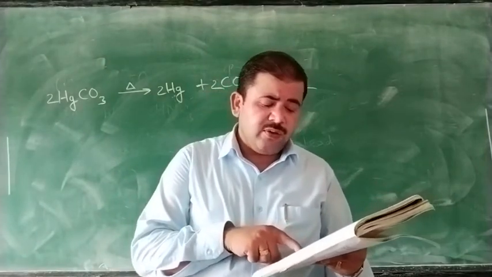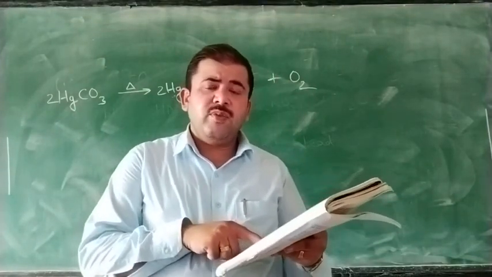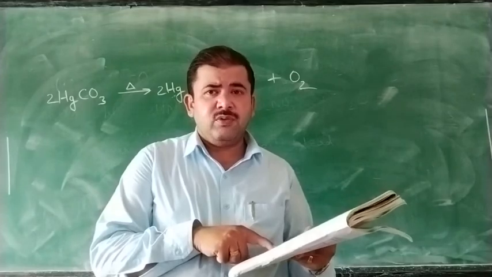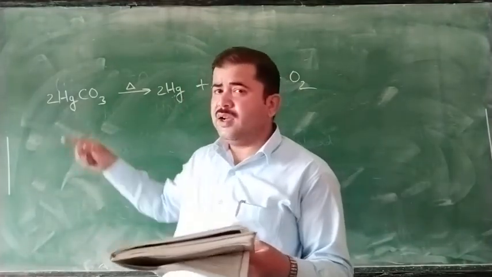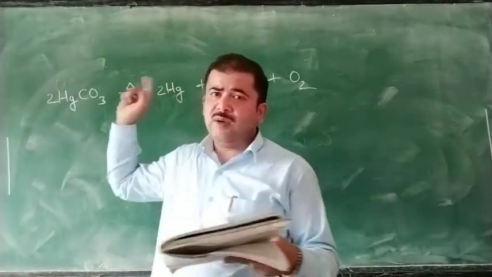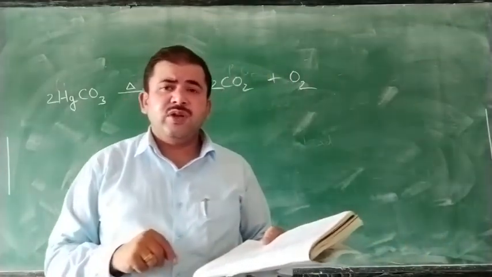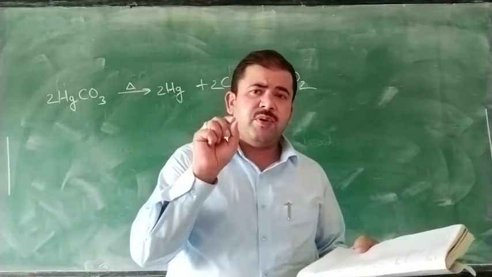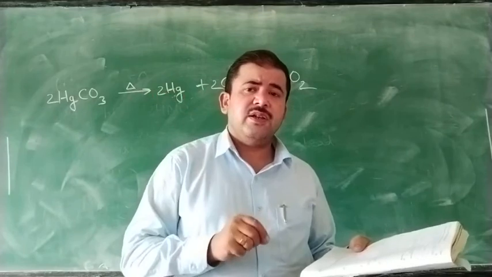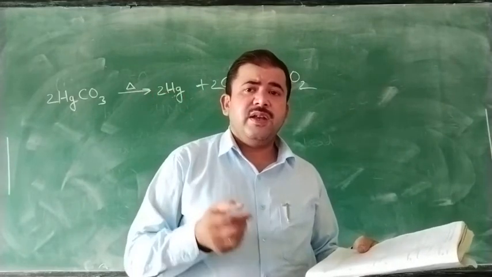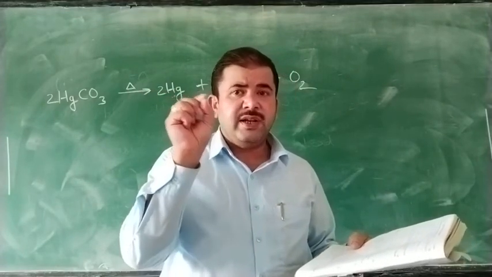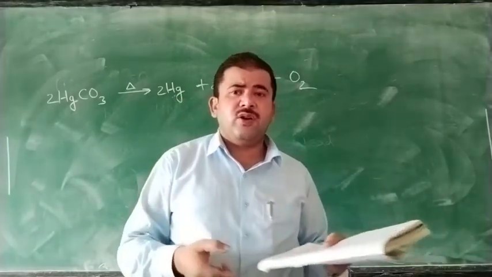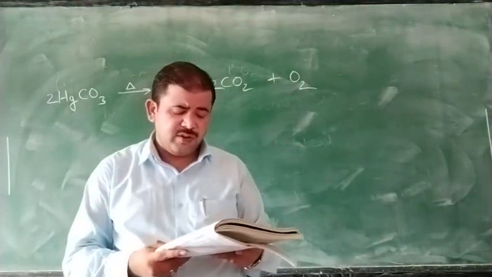Second, ammonium dichromate. Ammonium dichromate, this is the orange color compound. And also you have seen the previous reaction, ammonium dichromate. So here ammonium dichromate is an orange color substance, and if we heat, then we get the greenish residue, green color. And this is the chromic oxide, Cr2O3.